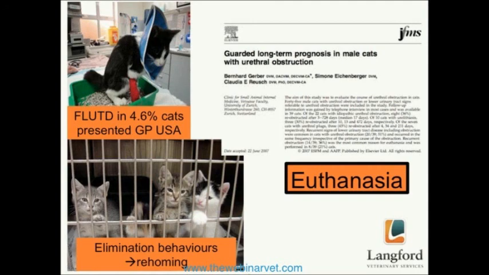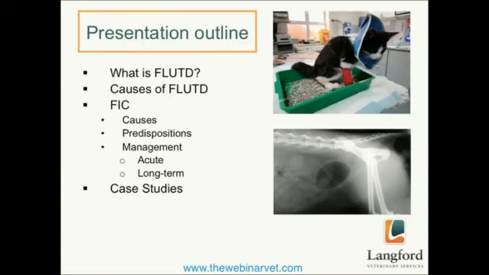So what I'm going to cover: I want to first think about what we mean by the term FLUTD and what the different causes of FLUTD are. Then I want to focus on idiopathic cystitis. This is the most common disease that we're going to be seeing and managing in practice.